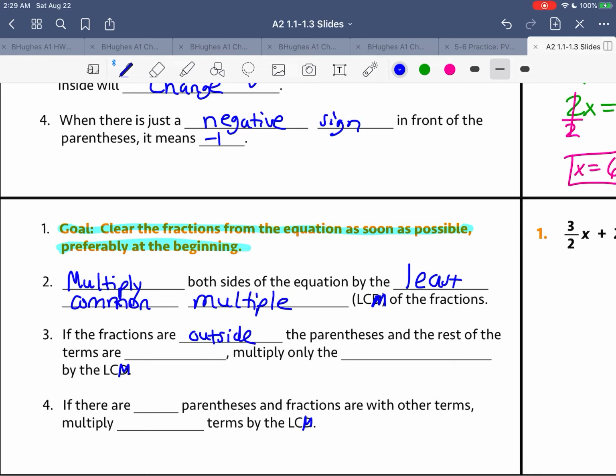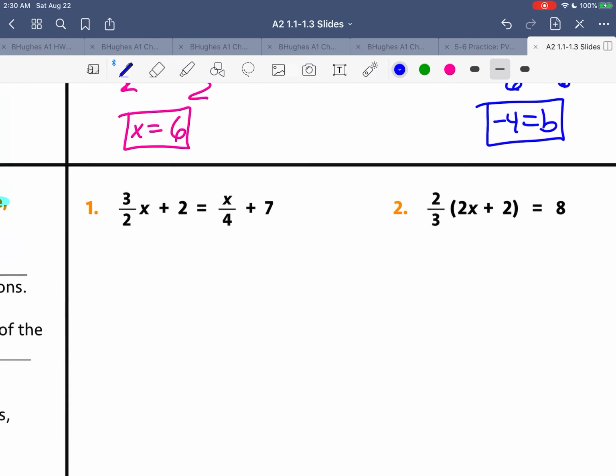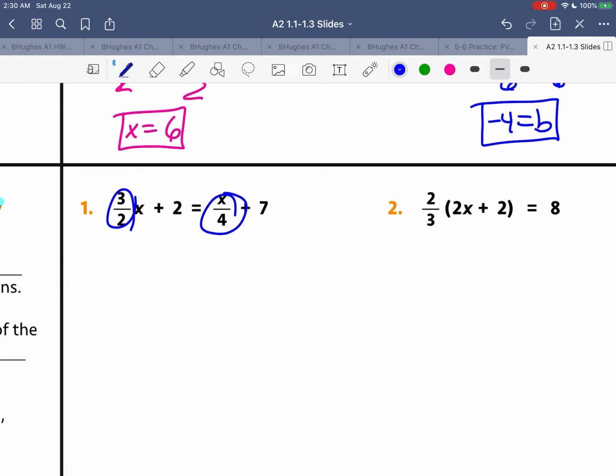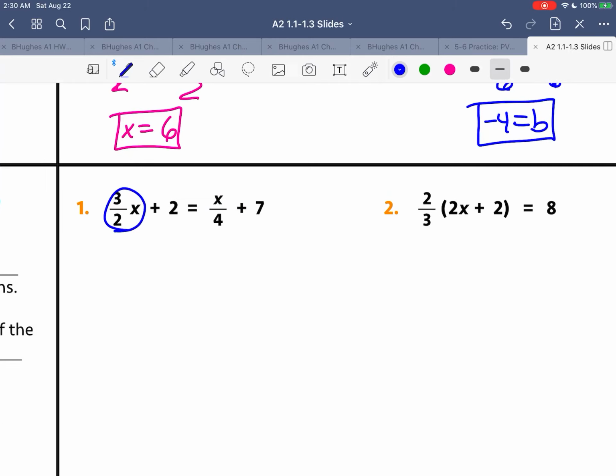If the fractions are outside the parentheses, and the rest of the terms are inside the parentheses on that particular side of the equation, then we multiply only the fractions by the least common multiple, because we only have to cancel the fractions if the other ones are separated with parentheses. But if there are no parentheses and the fractions are with other terms, then all terms must be multiplied by that. So if you look at this first example, there are two fractions, but there's no parentheses.